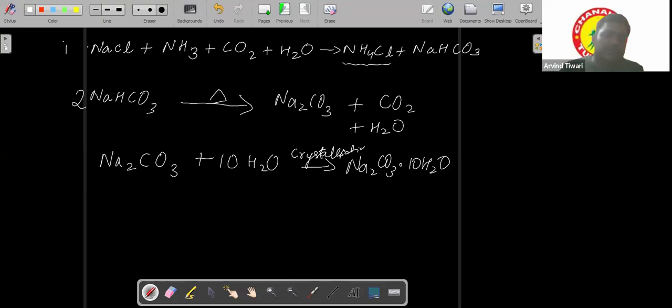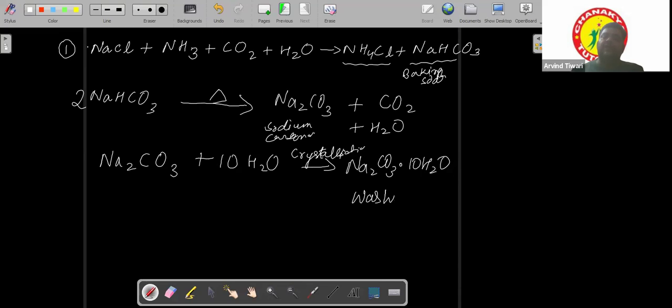In the first process, we are obtaining a compound which we call baking soda. In the second reaction, we are using this baking soda to obtain sodium carbonate, which is also called soda ash. And by the crystallization of sodium carbonate, we obtain washing soda, which is Na2CO3 dot 10H2O.